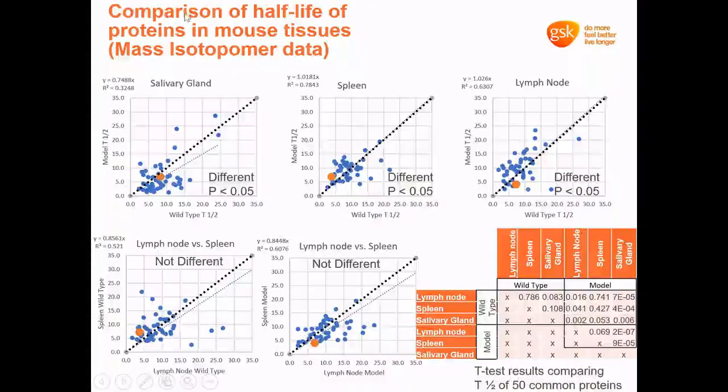What's also interesting is that we can combine the targeted and discovery data streams and look at the protein fractional synthesis of our bespoke target, which is the orange dot, across different tissues, and then comparing a distribution of protein half-lives between our disease models and between tissues to try and understand are the fractional synthesis rates of our target reflecting the tissue specific, or are they more target specific?